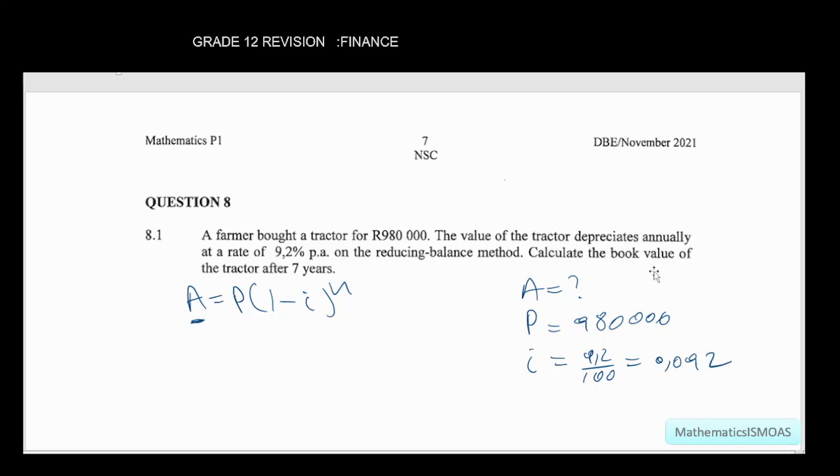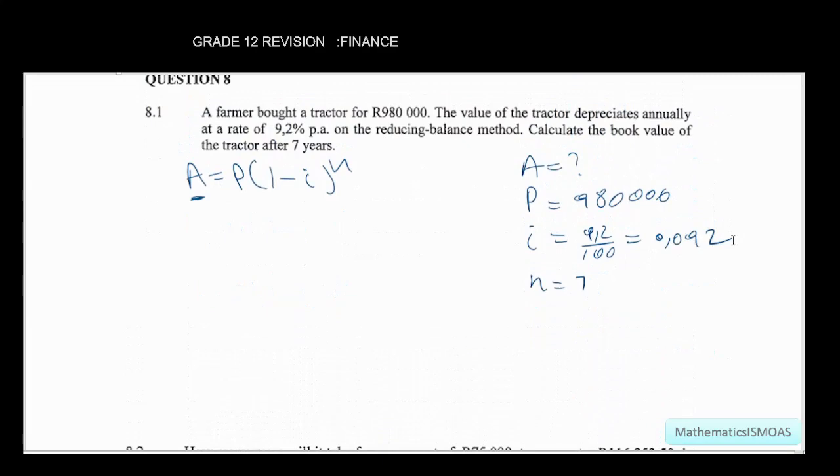All right. Then n, the number of years, will be 7 years. Then we go and substitute in our formula and solve for A, our book value. The book value will be equal to P, 980,000 multiplied by (1 minus 0.092) to the power of 7.